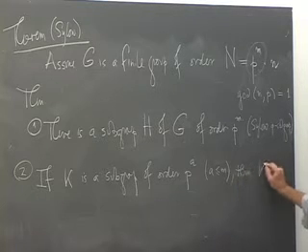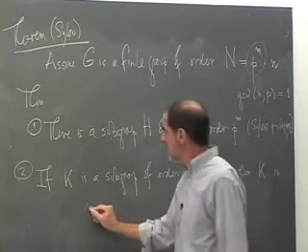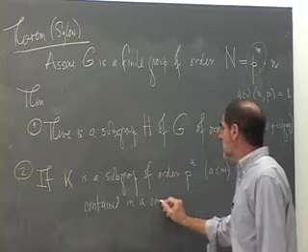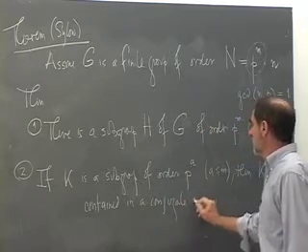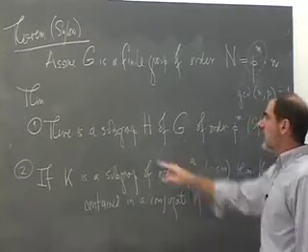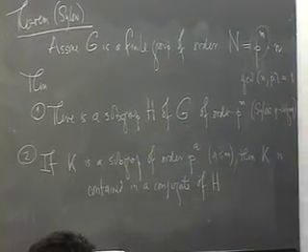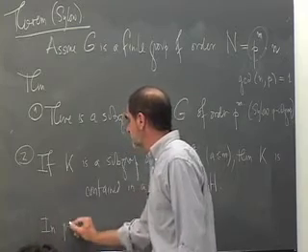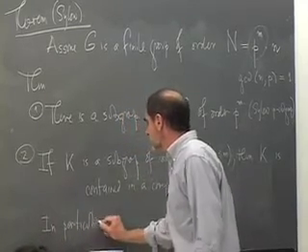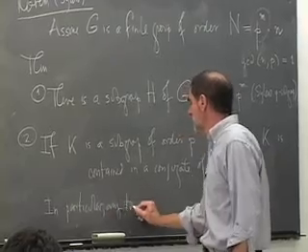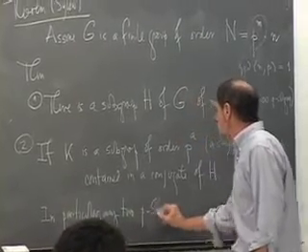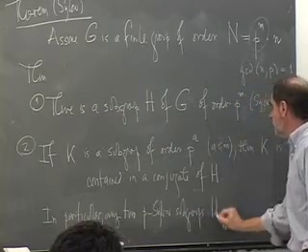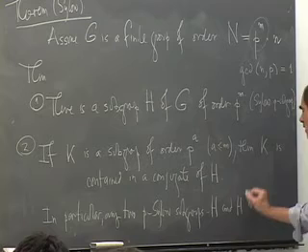Then K is contained in a conjugate of H, the Sylow p subgroup that we found up there. So as a particular case of 2, in particular, any 2 Sylow p subgroups H and H prime are conjugate.